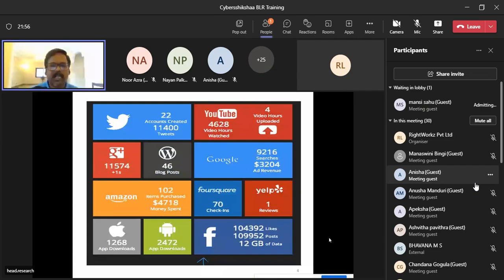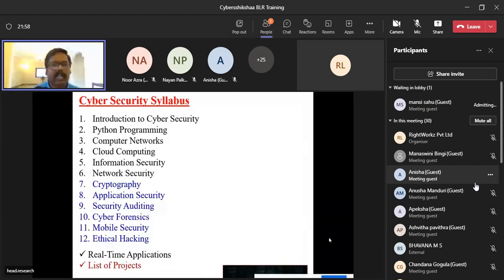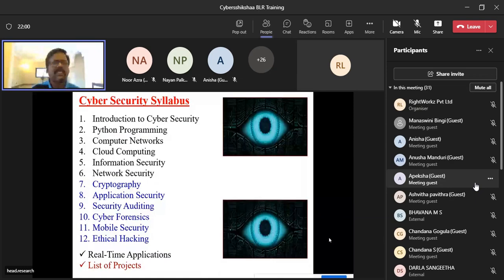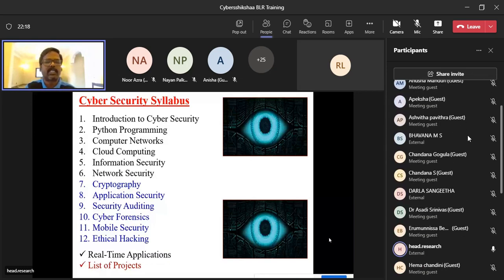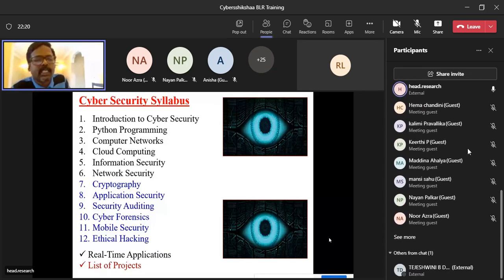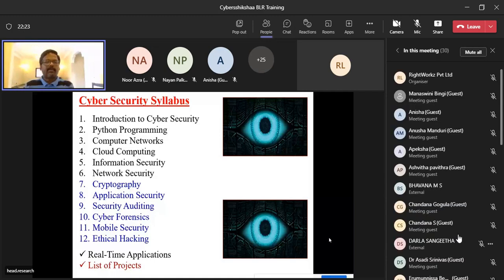This is the syllabus of Cyber Siksha training. They have given 12 modules. The first one is introduction to cyber security. Second, in order to implement cyber security, we are using Python programming and computer networks, cloud computing, information security, network security, cryptography, application security, security auditing, cyber forensics, mobile security and ethical hacking, followed by the real-time applications list of projects.